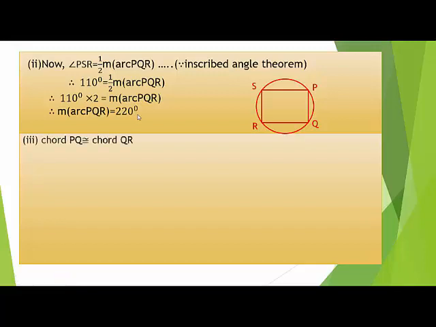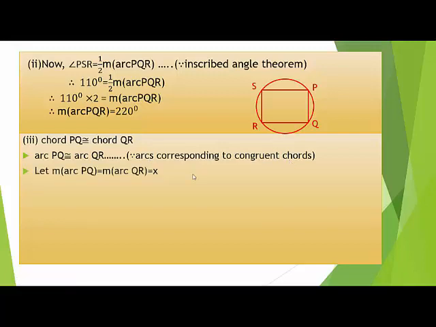Now third, chord PQ is congruent to chord QR. Arc PQ is congruent to arc QR because arcs corresponding to congruent chords are congruent. Let measure arc PQ equal measure arc QR equal x. Therefore, by the arc addition postulate, measure arc PQ plus measure arc QR is equal to measure arc PQR.